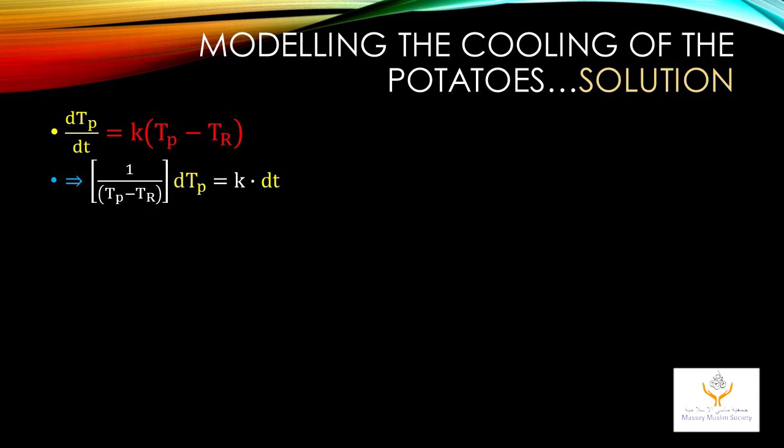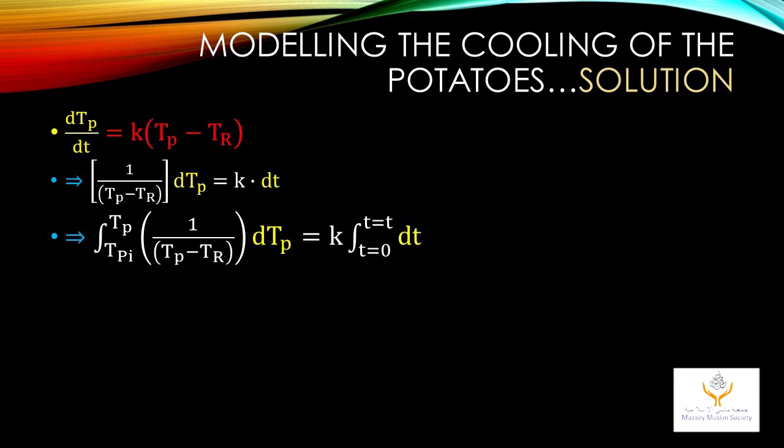Then here you get 1, they cancel each other out, and here you get 1 over Tp minus Tr. The next step is you integrate it, with respect to the product temperature on one side, and with respect to time on the other.